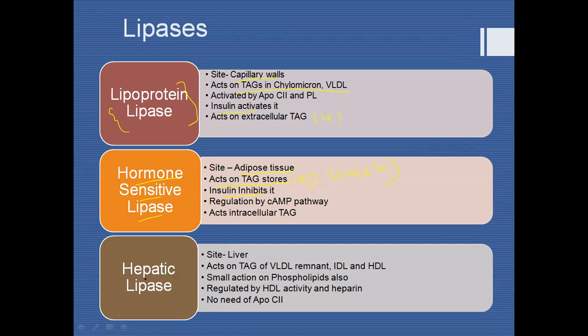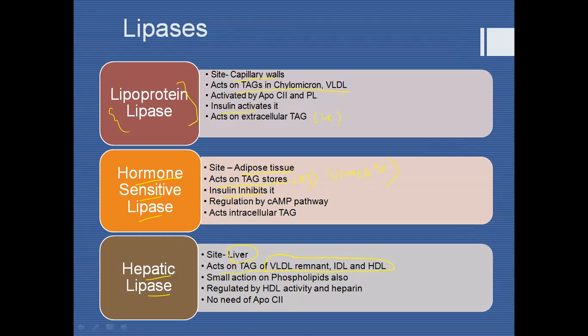Okay, hepatic lipase is another variety which is important in lipoprotein metabolism. The site will be the liver. Where does it act? It acts on the triacylglycerol of VLDL remnant, chylomicron remnant, IDL, and HDL.